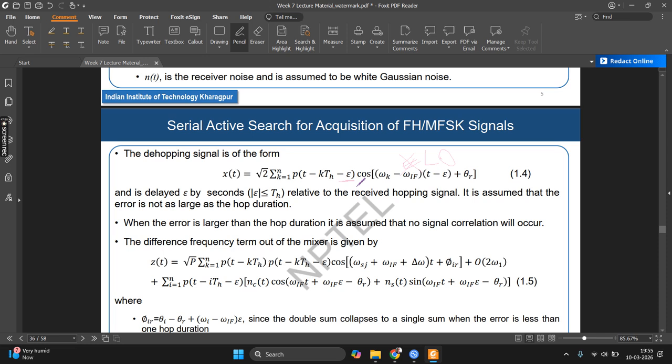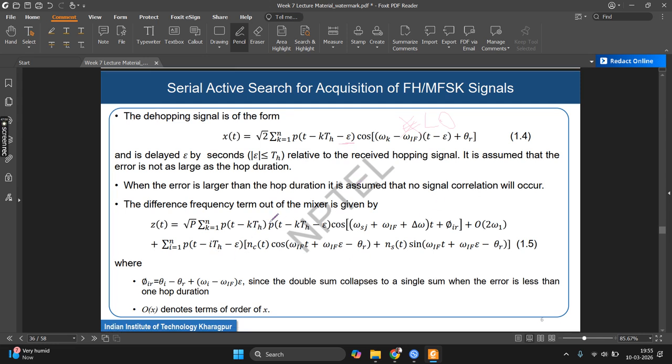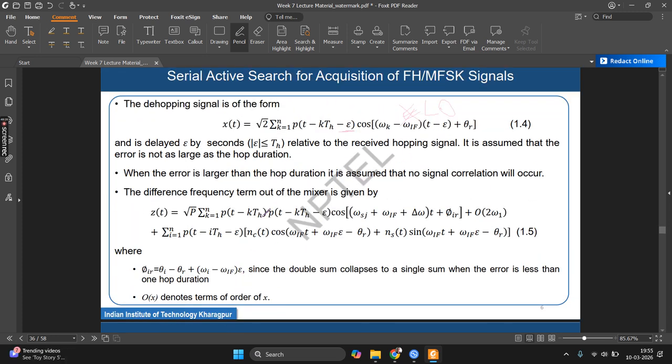Okay, so now you combine them. The difference frequency term out of the mixer is given as follows.